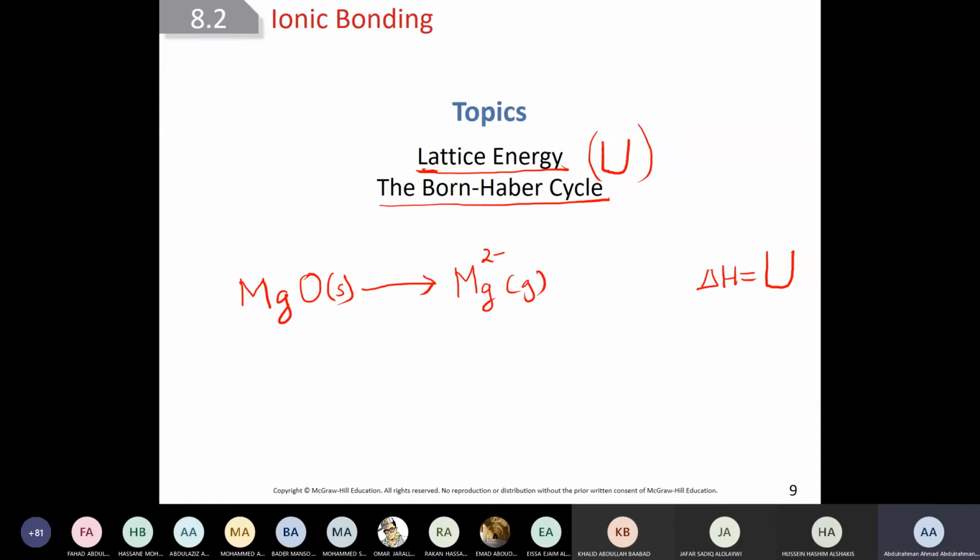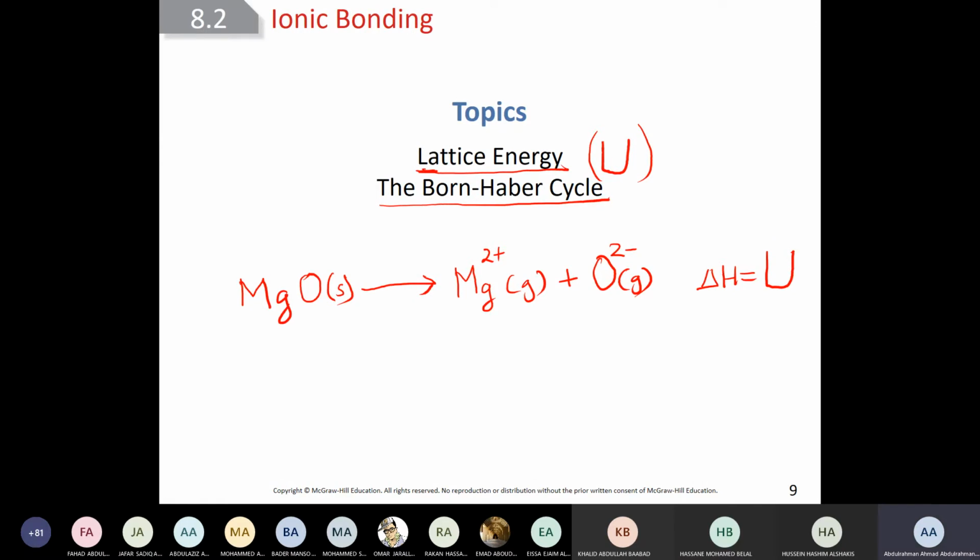Mg2+ plus what? O2 minus. O2 minus what? Gaseous state. Excellent. Is this clear?